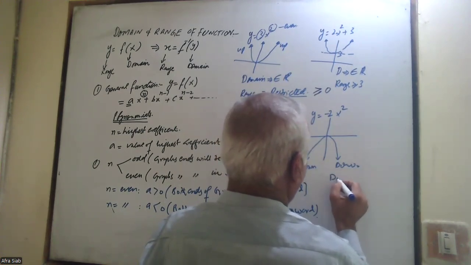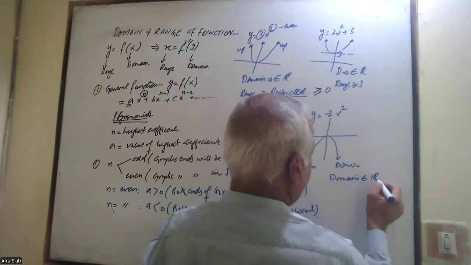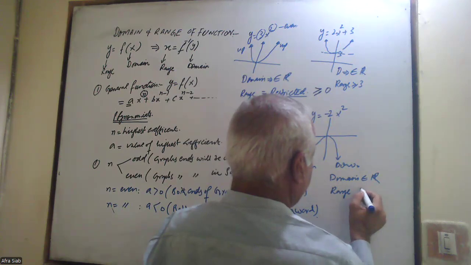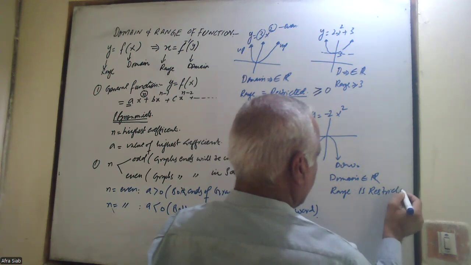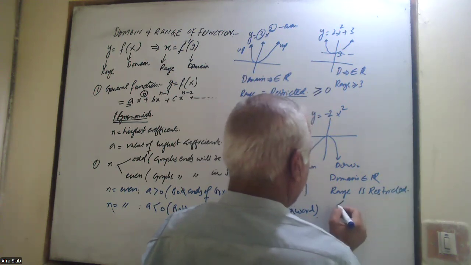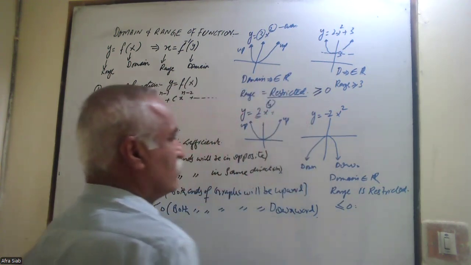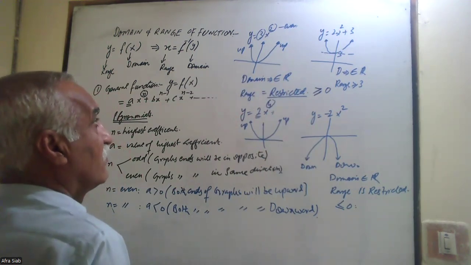So the domain of this graph belongs to all real numbers, but the range of that graph is restricted. That means it is less than or equal to 0 in this case. The range is always less than or equal to that value.